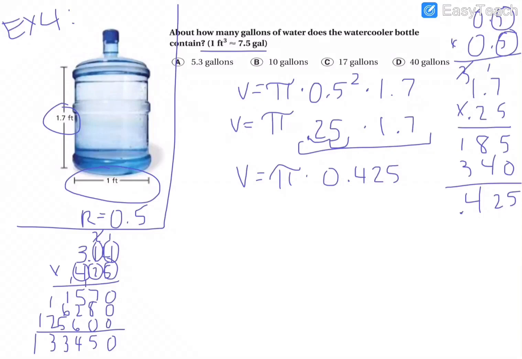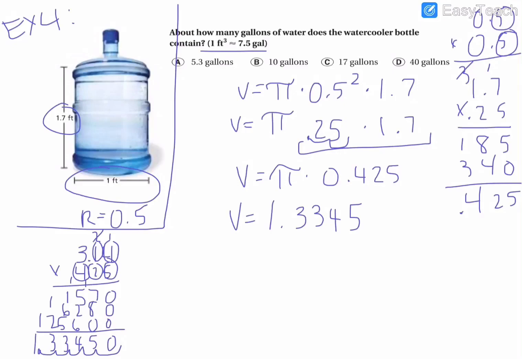So 1, 2, 3, 4, 5, almost all the way at the beginning. It gives me 1, holy moly, place values, tenths, hundred thousandths, 10 thousandths. So 3,345 10 thousandths. And we don't need that 0 on the very end there.